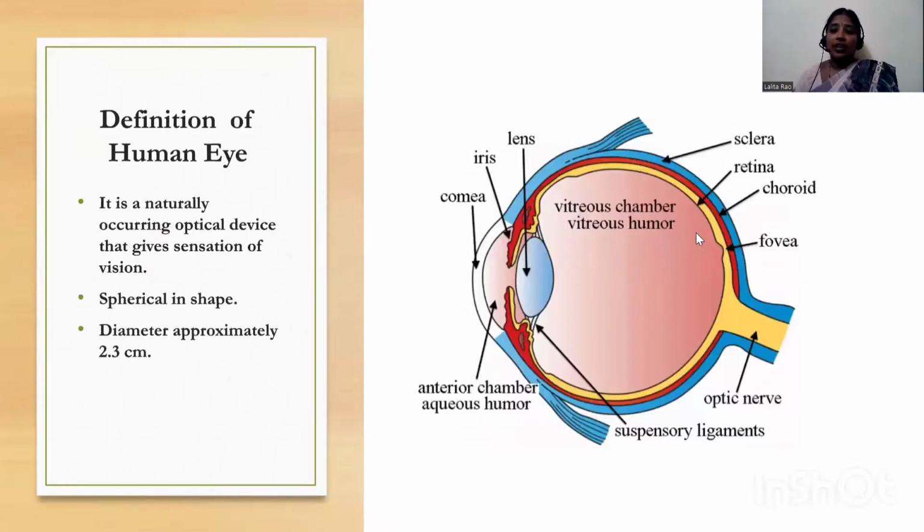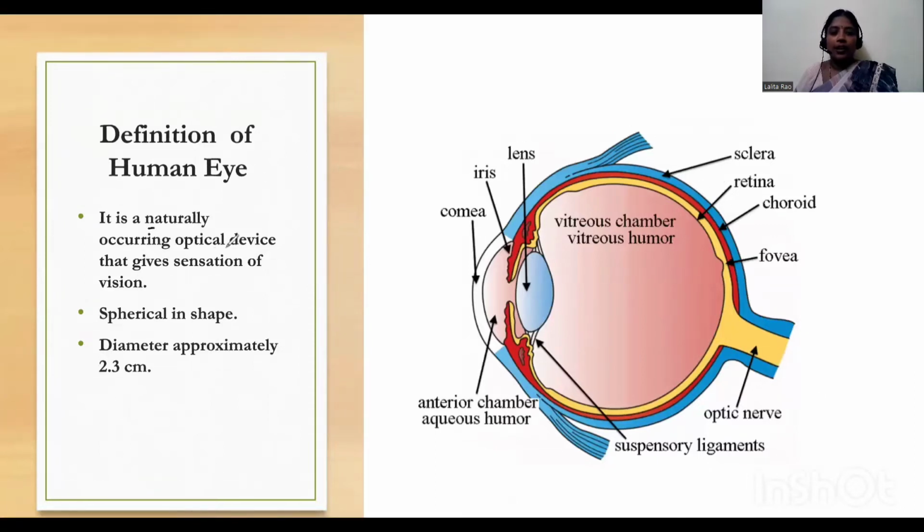So the definition of the human eye, as I already told you: it is a naturally occurring optical device. Naturally, because we get it by nature, right? Why is it known as an optical device? Because it deals with light.